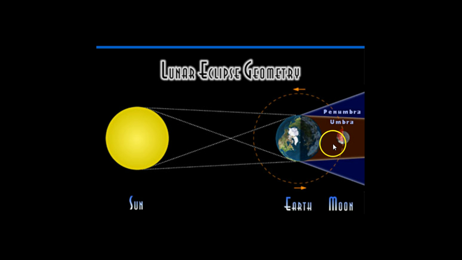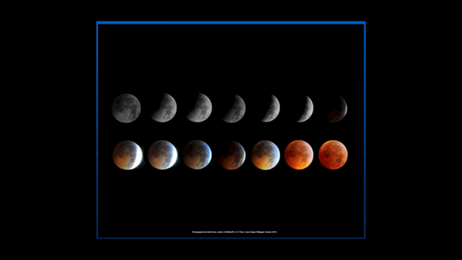So that's the best part of a lunar eclipse. Total lunar eclipses, also called umbral eclipses, write that in your notes. So total lunar eclipses are called umbral eclipses, and you just saw a diagram of why.